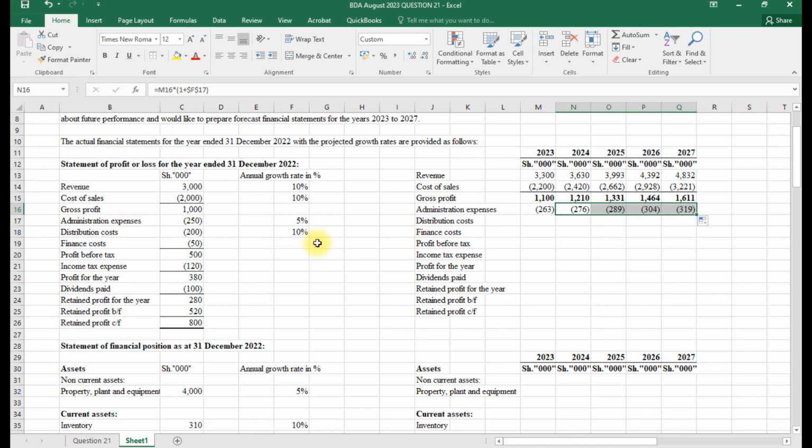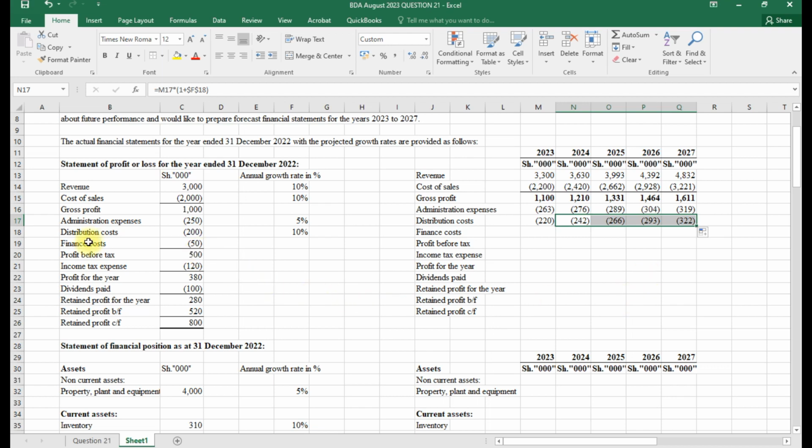Then distribution is 10%, this one multiply by 1 plus the 10%, fully lock that, F4, and for the second year 2023, multiply by 1 plus the 10%, and you fully lock that, you close the bracket, and you drag this that way.